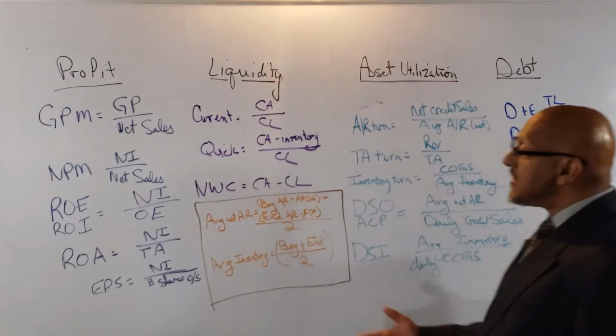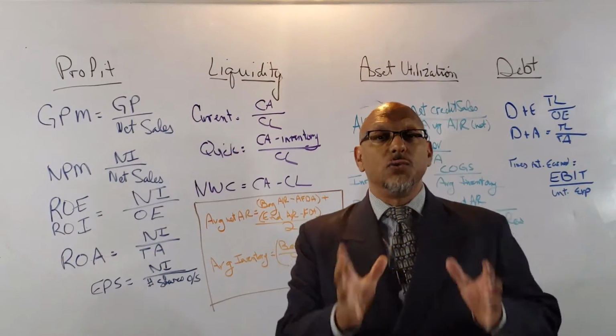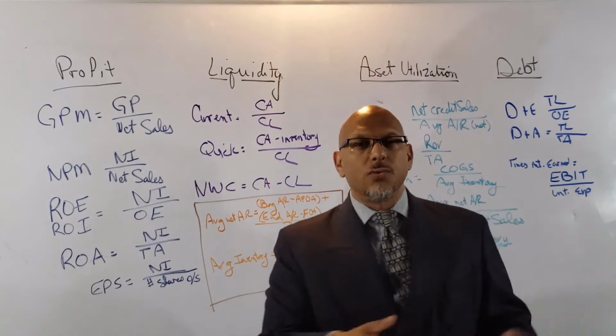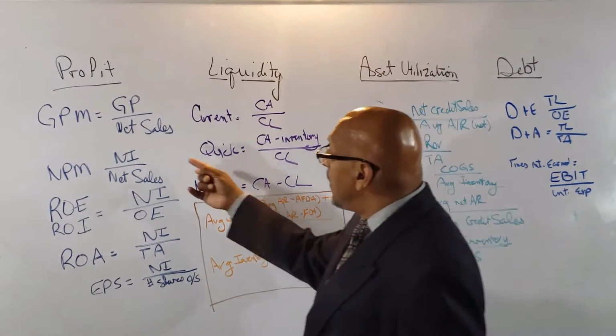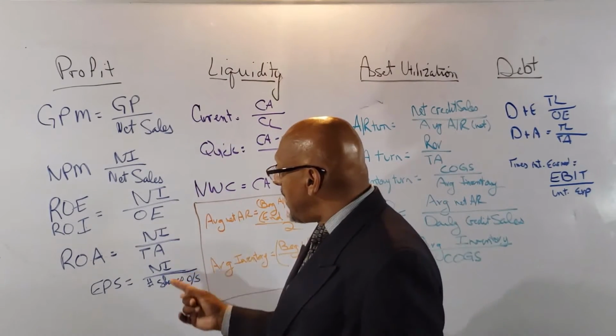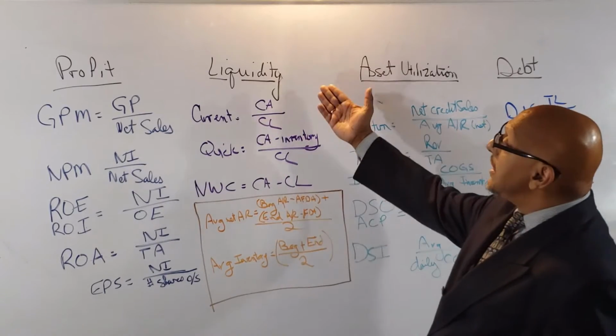But that only tells us how the net income, and in this case the gross profit, relates to other classes or other categories of accounts. Sales, equity, assets, stock. The next category we're going to look at is liquidity.